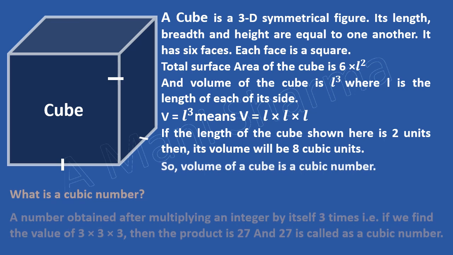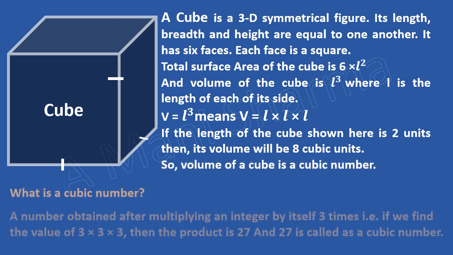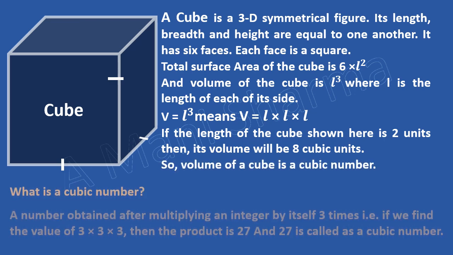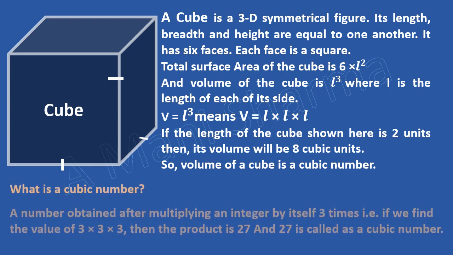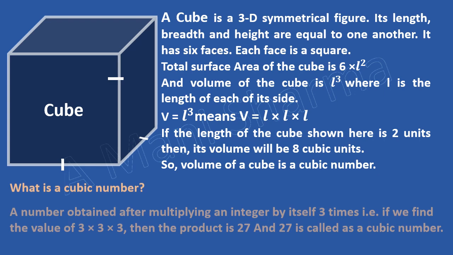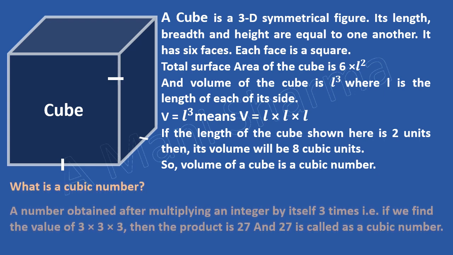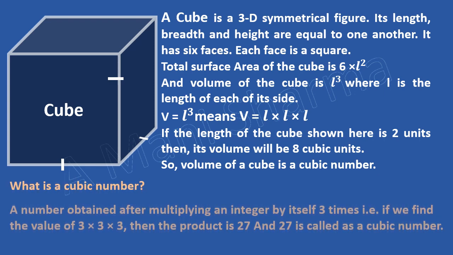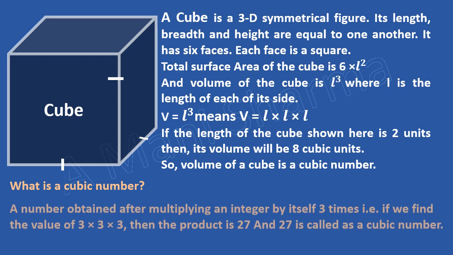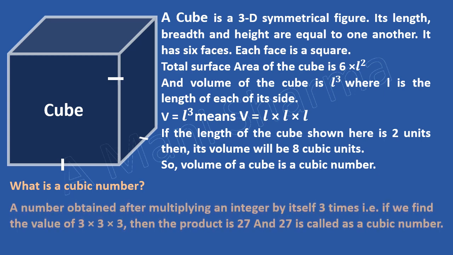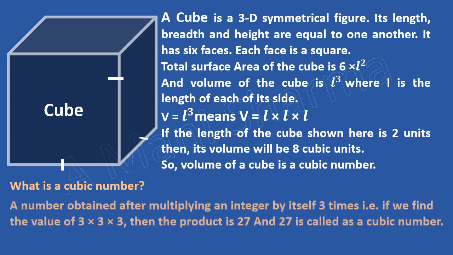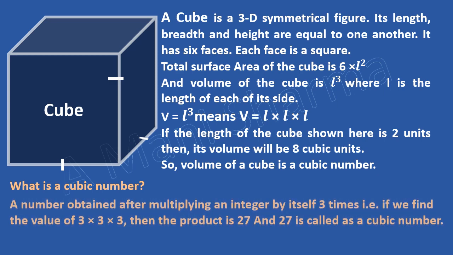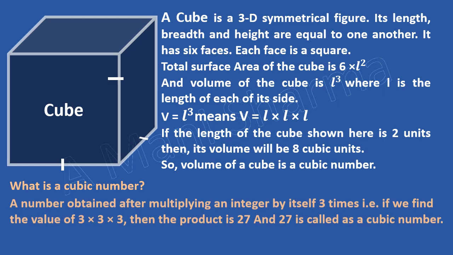Now, if we know that volume is calculated using the formula L cube, that means V is equal to L into L into L. Then, suppose I give you the length of the cube shown here as 2 units, then its volume will be 8 cubic units. So, volume of a cube is a cubic number.